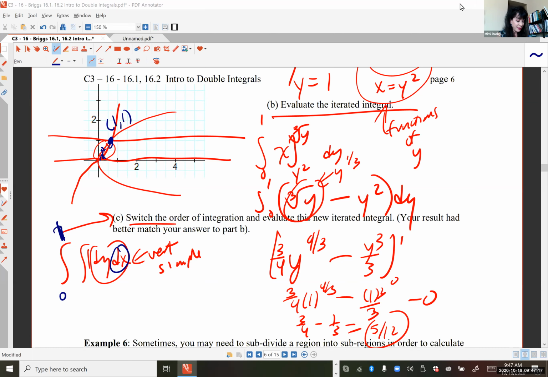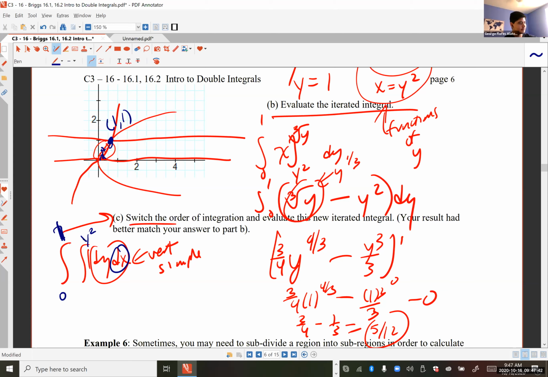And now, using my little man, who's super tiny and sitting in that little sliver of a region, his head is touching what? Is it touching the parabola or the cubic function? Touching the parabola. And so would I put y squared here?